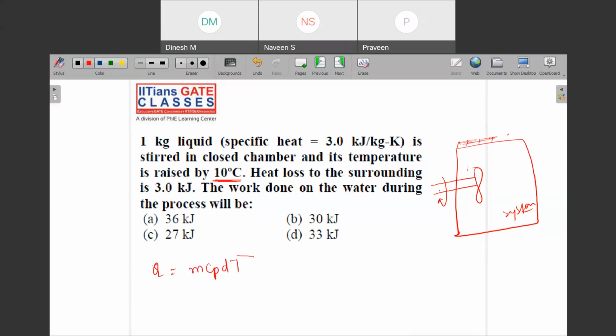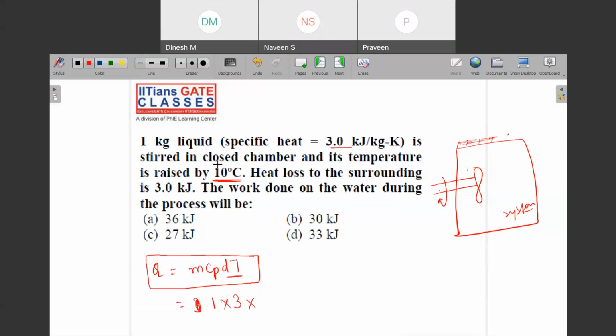How am I writing this? Because what is the heat interaction? Heat interaction is nothing but MCp dT. So here M is given to us as 1, so let me use 1, and Cp is 3, so we'll use 3.